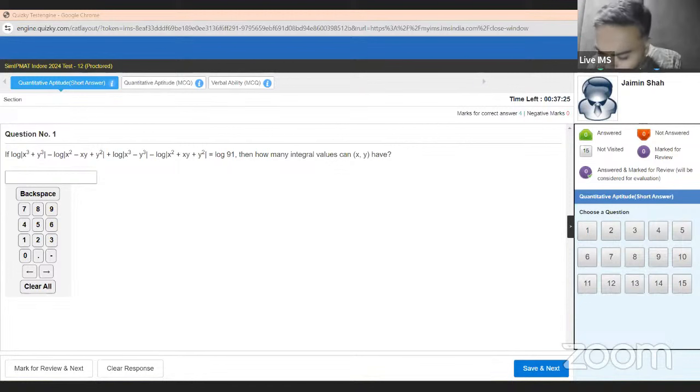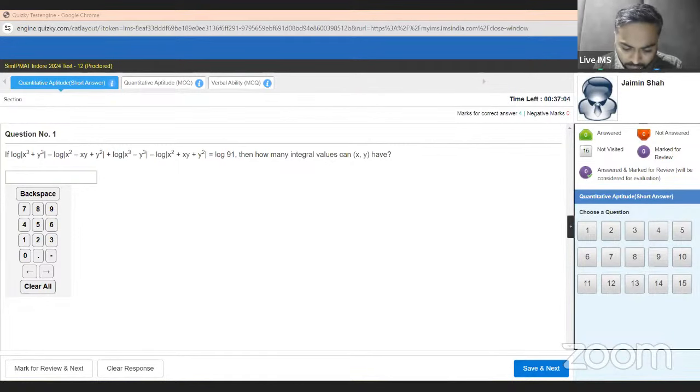And similarly, x cube minus y cube, if I divide by this term, I will get x minus y. Everything will be in log, so it will be log of this minus log of this, and that is equal to log 91.